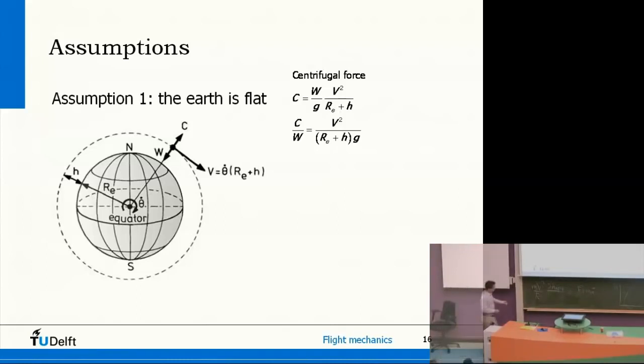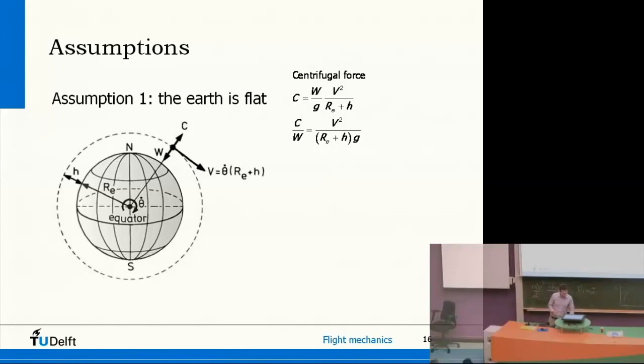And r, in this case, is the radius of the Earth plus the altitude of the plane above the Earth's surface. So this centrifugal force is what we call C. Now in the second equation here, I'm showing you the relation between centrifugal force and aircraft weight, because then I can express it as a percentage. And if you know the percentage, then you can say whether it's a relevant assumption to neglect this.